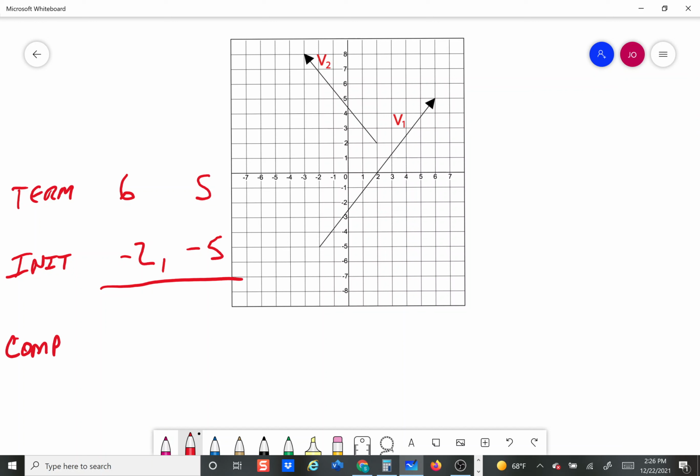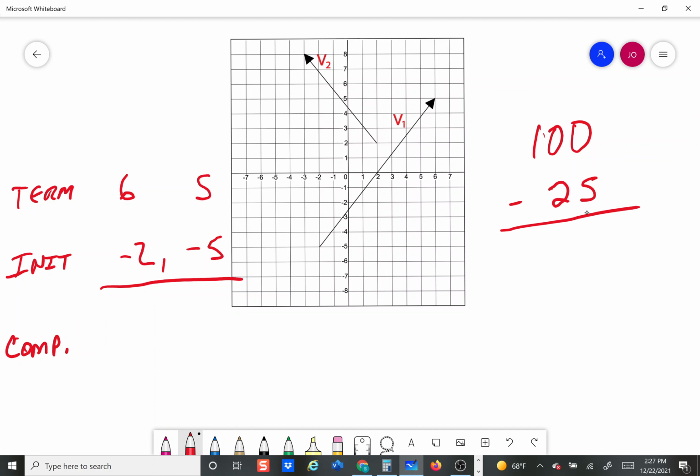So my component value is going to be solved using subtraction. Just like if I told you that at the end of the day I had $100, my terminal point was $100, and my initial point for the day I had $25.